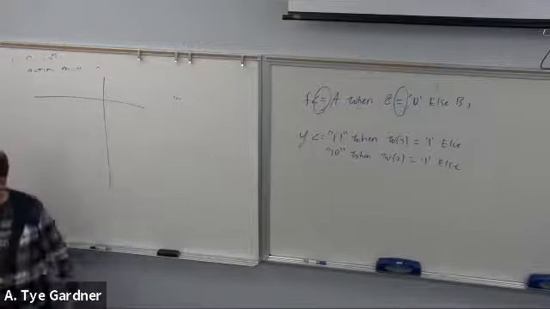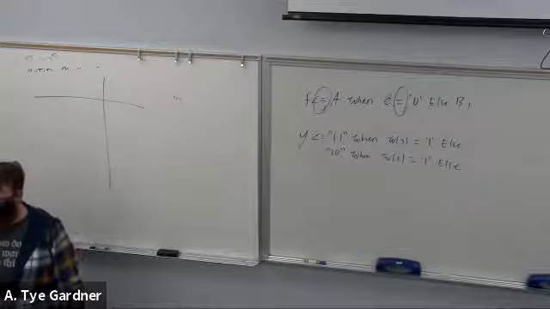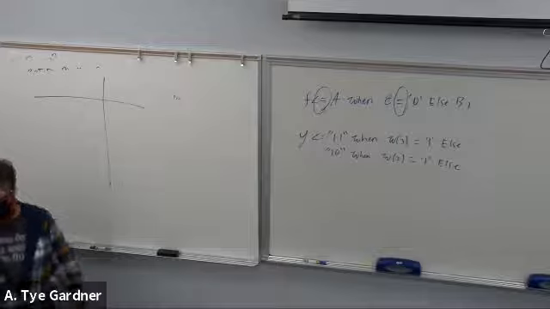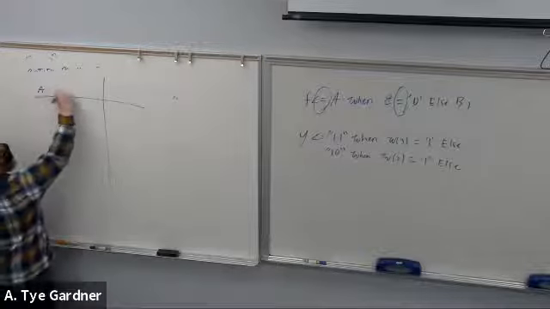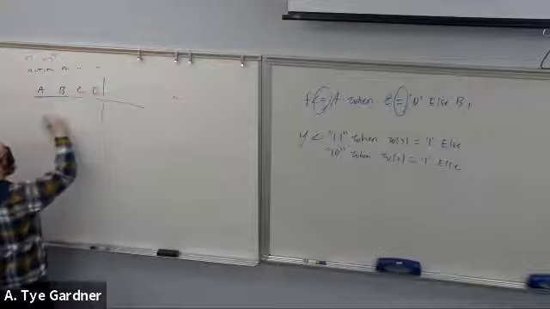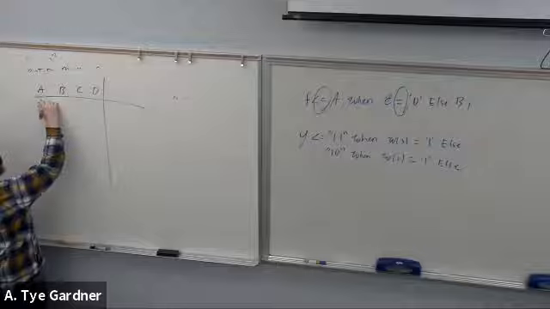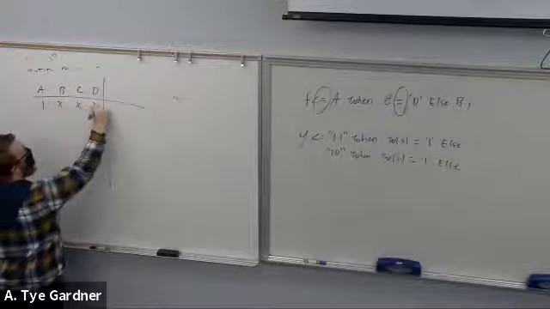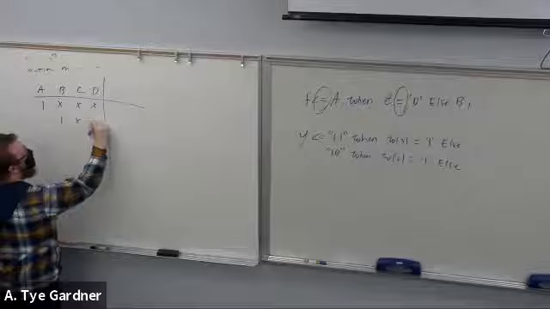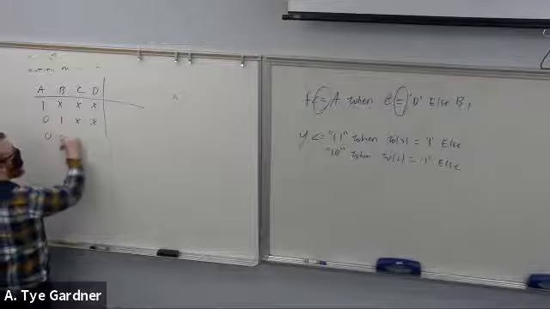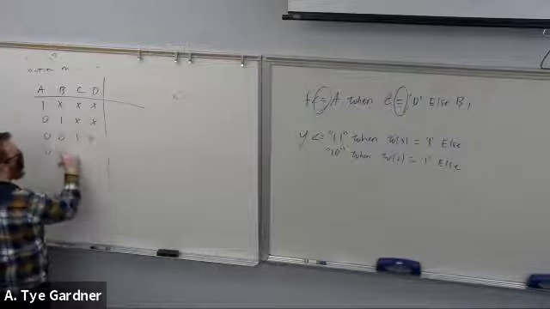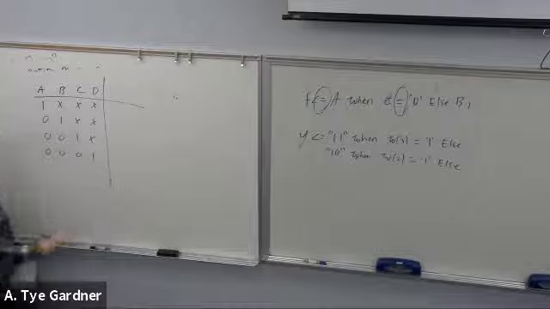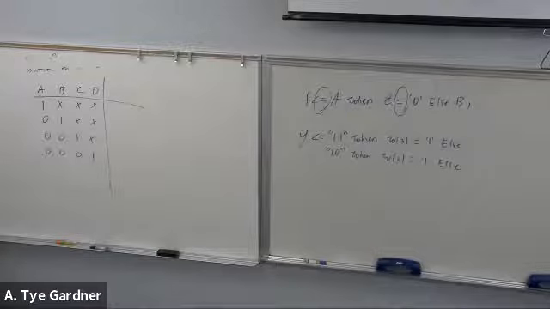It cares about where the first one is and doesn't care what the rest is doing. So B... this is a priority encoder truth table.